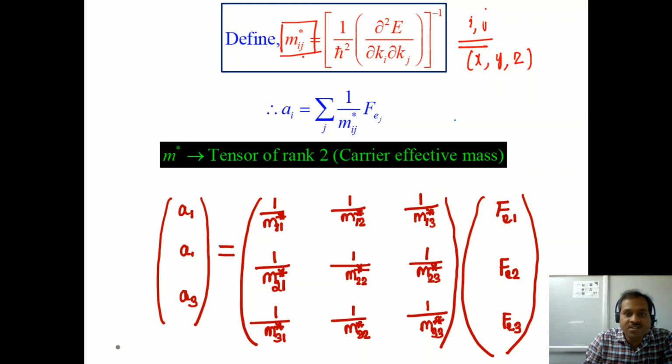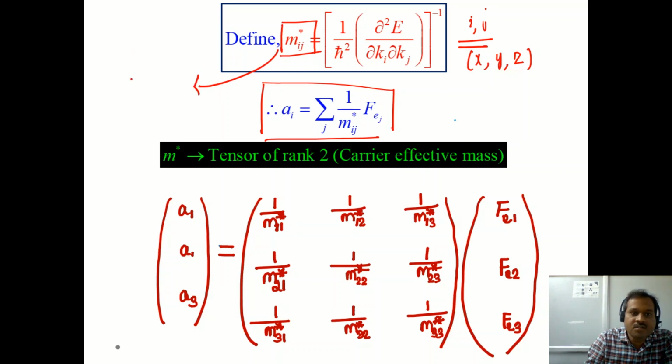So m_ij star can be written as the reciprocal of 1 by h cross square d square E by dk_i dk_j, so that this expression is satisfied, and this mass is called the effective mass, the carrier effective mass.